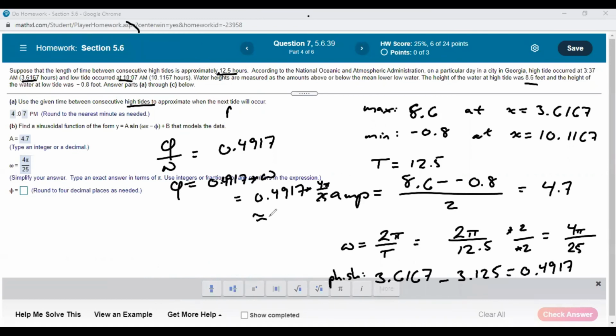Using just a calculator, just enter it basically as it is. 0.4917 times 4 pi divided by 25.